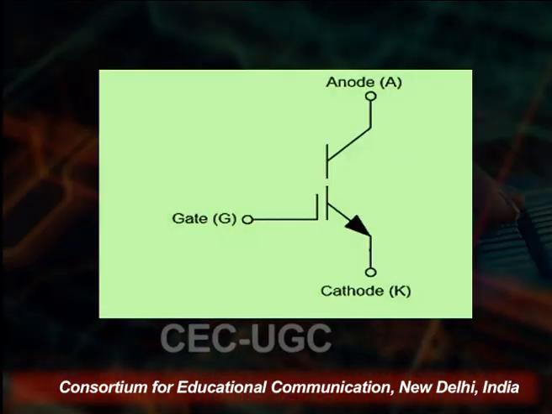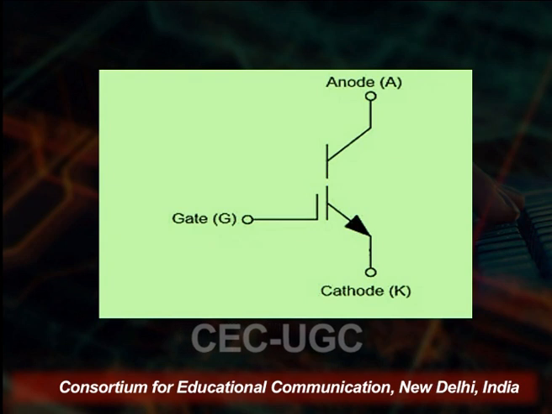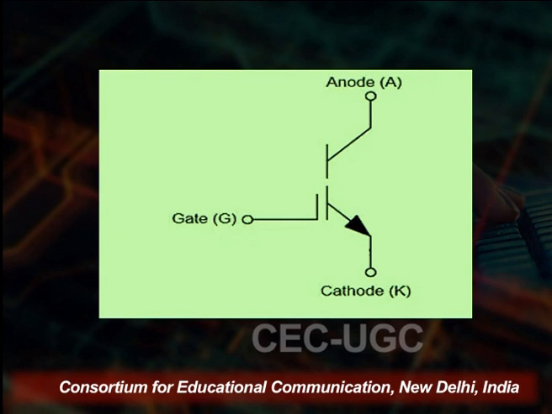The MOS gate turns it on and off. It is a high frequency, low conduction drop and high power device, which is used for medium and high power applications. You see on the screen here, this is the gate, cathode and anode, and the MCT is represented by this symbol.